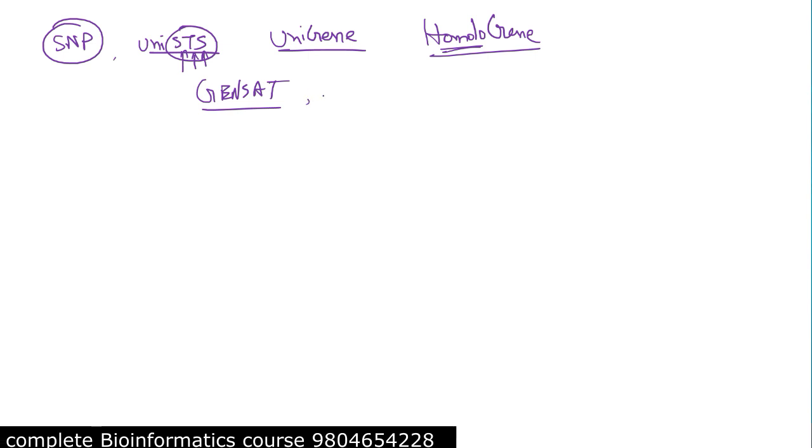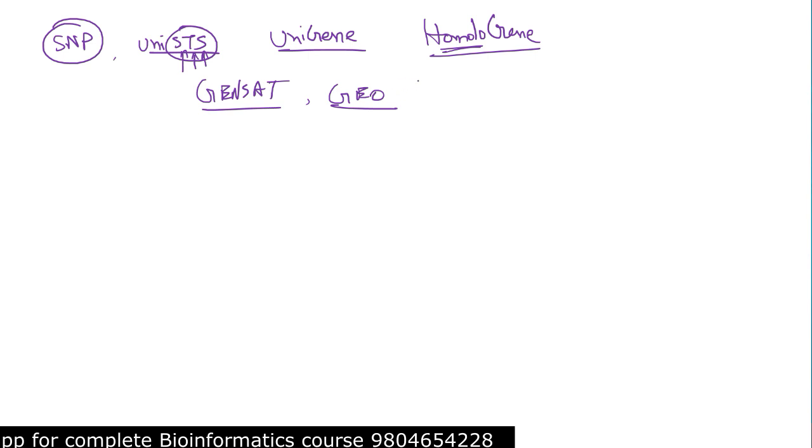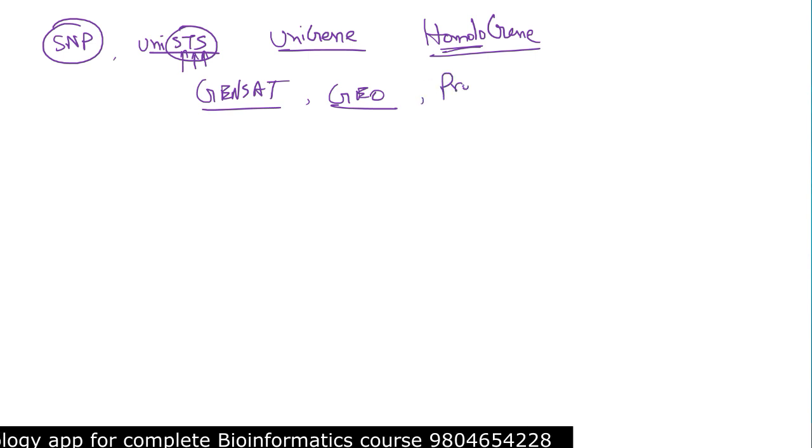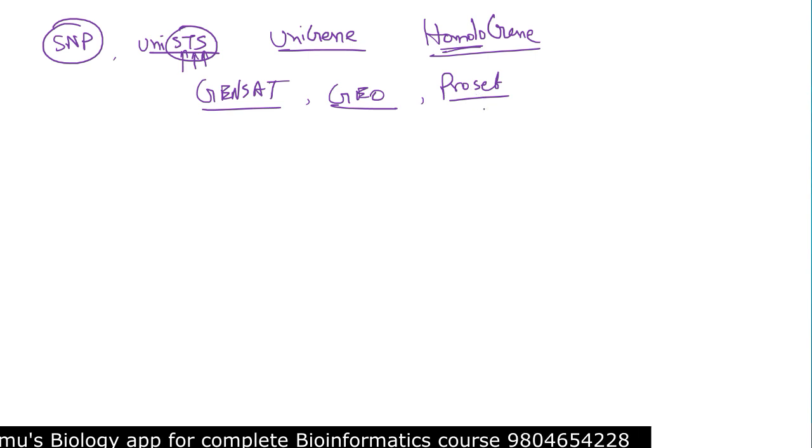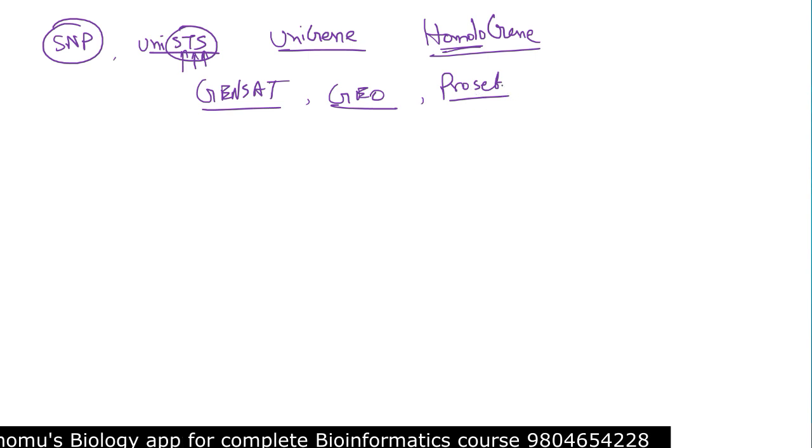We have the GEO database for gene expression data. We have ProSet. So you can see under NCBI there are even more databases than under EBI. ProSet is a population study database.